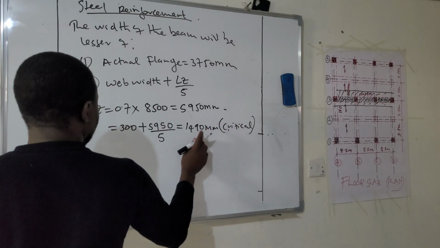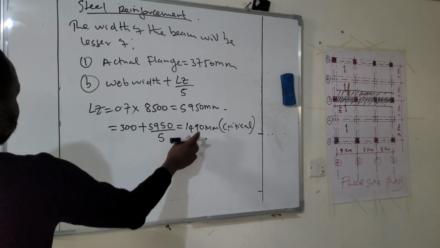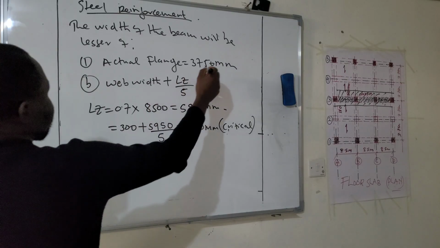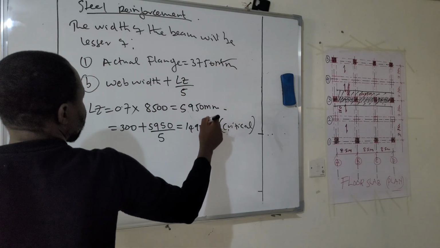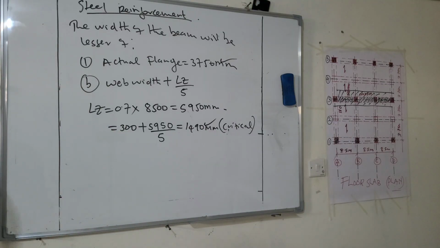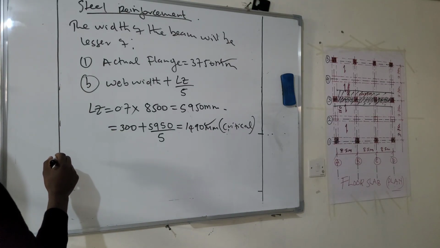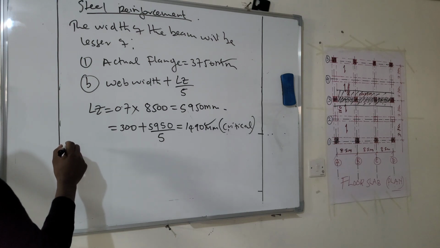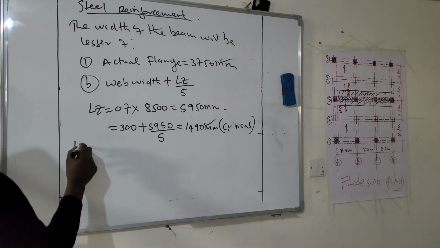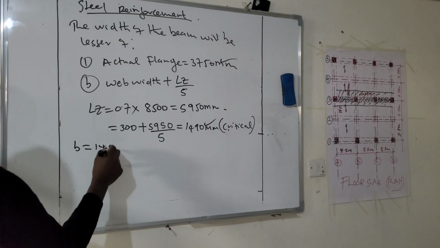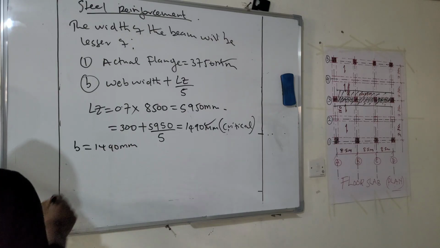So this one is critical. Now we'll use this one because it is lesser than the actual. So as you can see, this is lesser. So the width of the beam, B, will be 1490 millimeter.